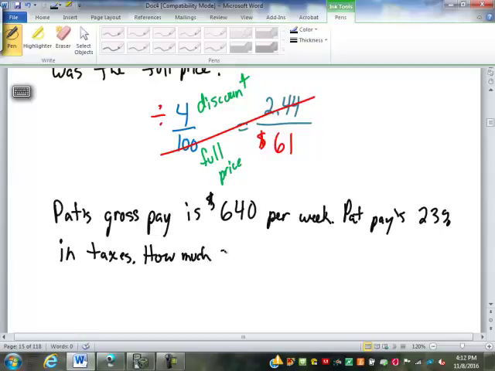How much does Pat take home each week? Take home just means how much is left after they take out taxes. Try to figure that one out in your notes quick, and we'll come back to it.